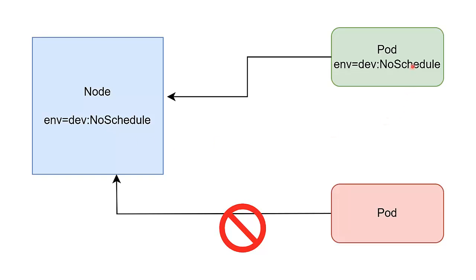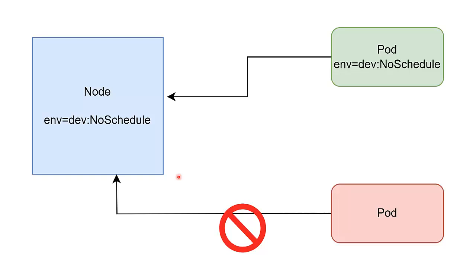On the right-hand side, we have two pods. The green pod has a matching toleration, that is key, value and the effect, so Kubernetes will allow it to schedule on the node. On the other hand, we have a red pod that does not have any toleration for the taint. Therefore, Kubernetes blocks it from being scheduled on this node, which is indicated by the red no entry sign.